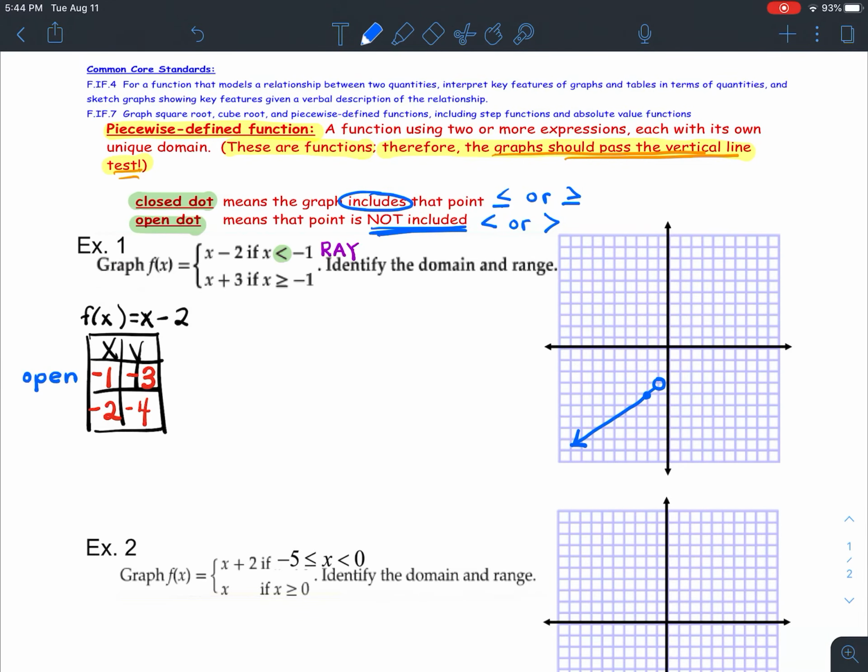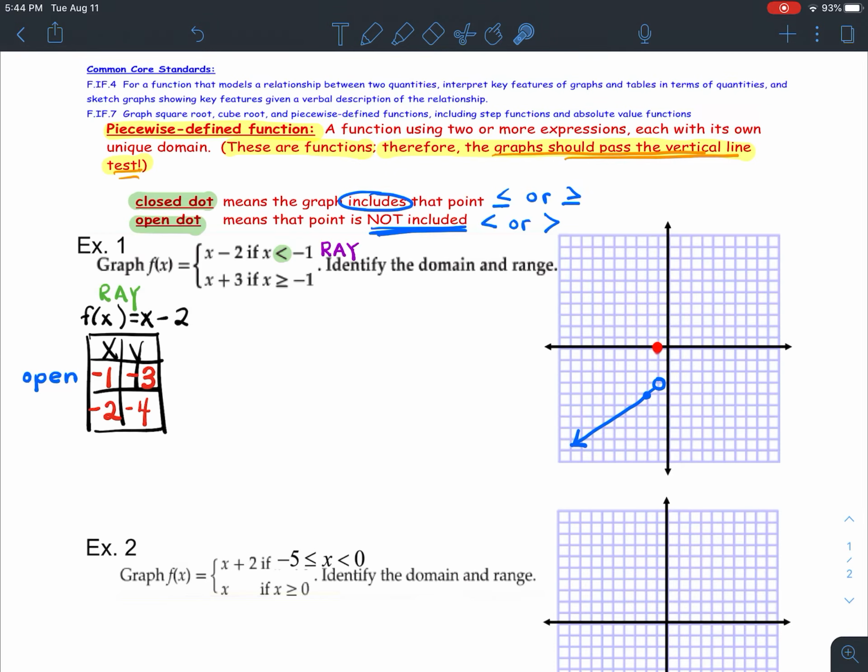And you're going to start there and run your pencil through the point -2, -4, but keep going past that and draw your arrow. Okay. Once again, this piece is a ray, and this first point here is where the ray starts.